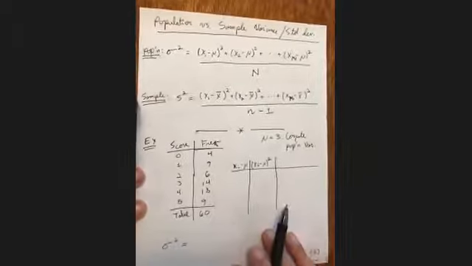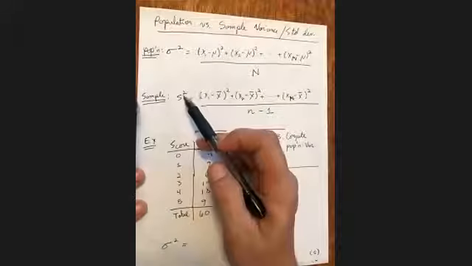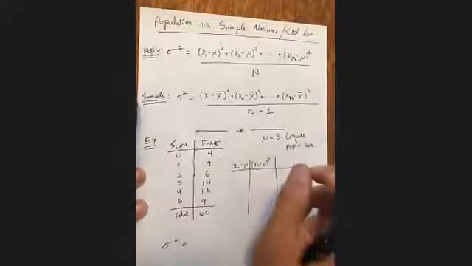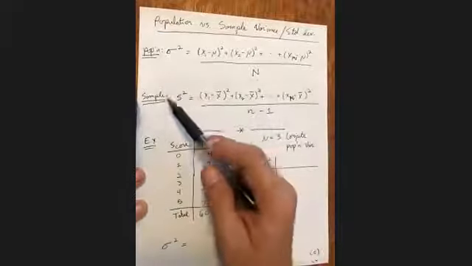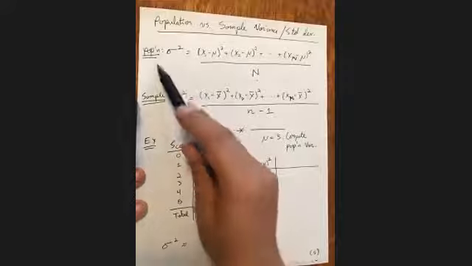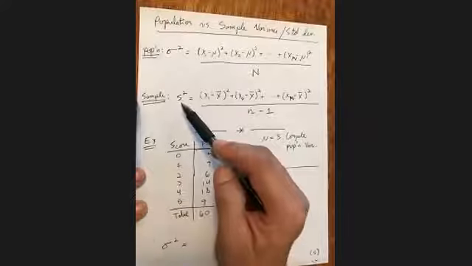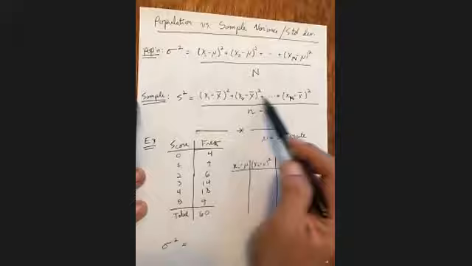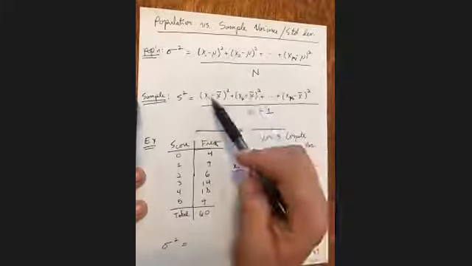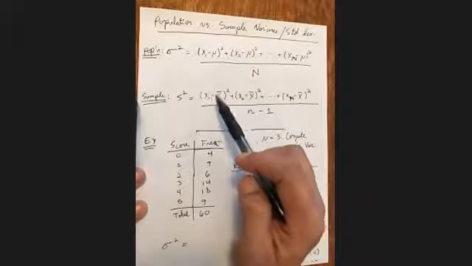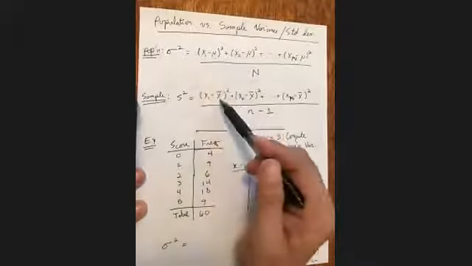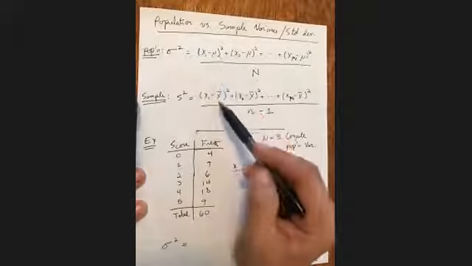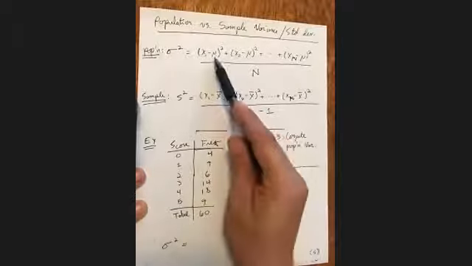The sample is computed in a very similar way, but there's some different notation, and there is a slight tweak here. So for the sample, which remember is a subset of the population, we denote the variance by S squared. As far as the numerator is concerned, it's pretty much the same, except instead of using a mu, we use an X bar, which remember were the notational differences for the sample mean versus population mean.